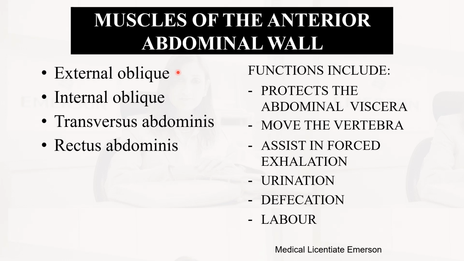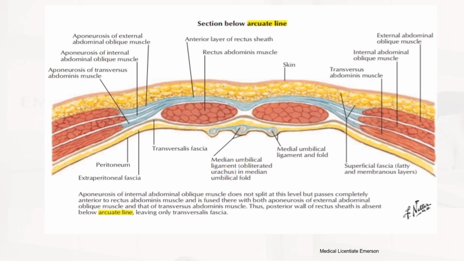The abdominal wall has the external oblique muscle, internal oblique muscle, transversus abdominis, and rectus abdominis. Functions include protecting the abdominal viscera, moving the vertebrae, assisting in forced exhalation, urination, defecation, and labor.